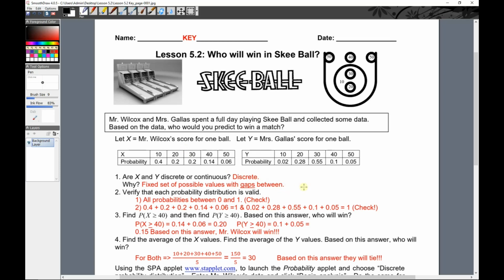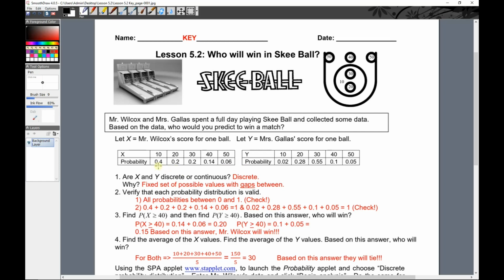Verify that each probability distribution is valid. This goes back to 5.1, so we'll do the checks. All of these probabilities are between 0 and 1. All of these probabilities are also between 0 and 1. So check on that requirement. The next thing is to check each distribution separately to see if the probabilities add up to 1.